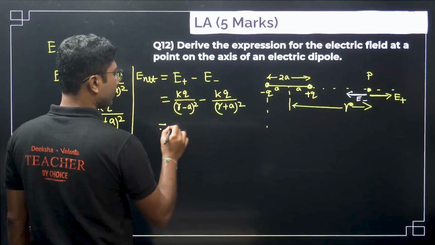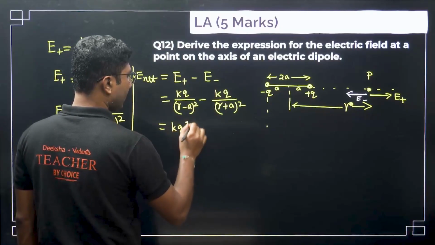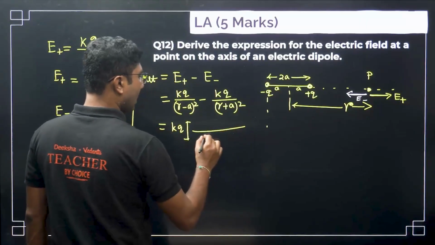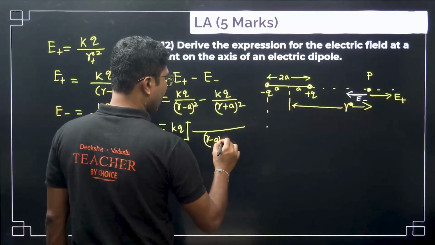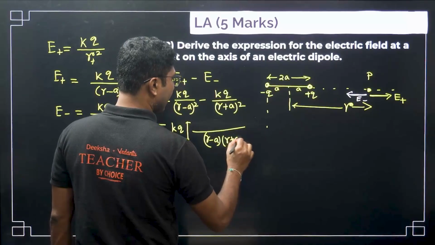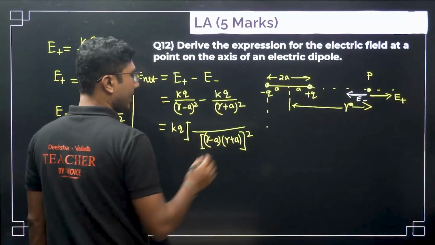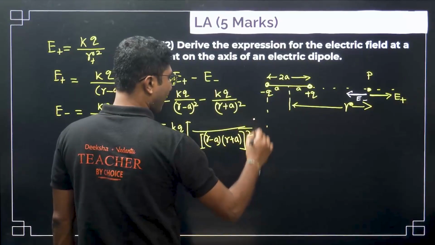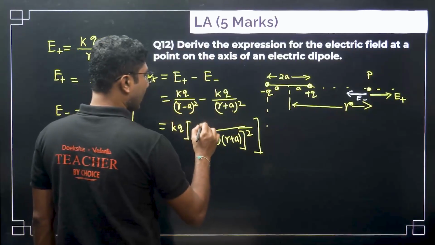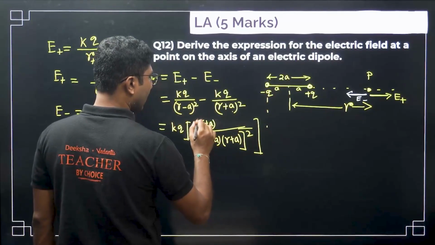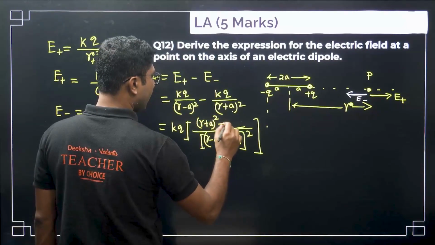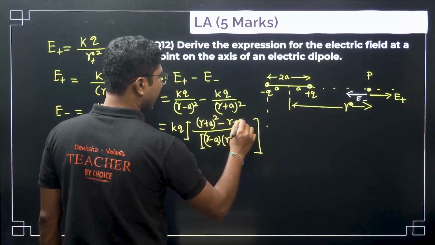Okay, KQ you can take common and you will get, R minus a into R plus a whole square, and over here R plus a whole square minus R minus a whole square.